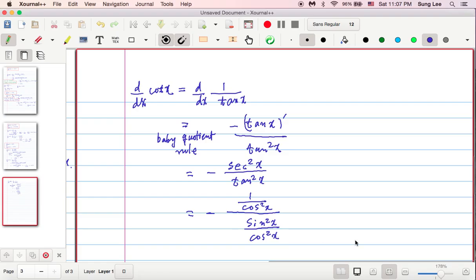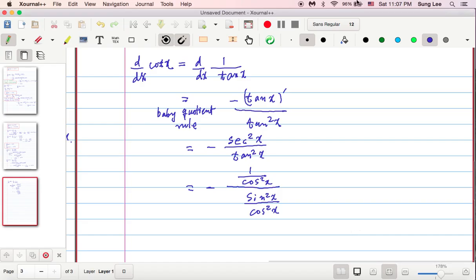Okay, so the numerator, in this case, what I mean by numerator is this part here, and the denominator, each fraction has the same denominator, cosine squared of x, right? So you can multiply the numerator by cosine squared x, and the denominator also by the same number, cosine squared x, right?